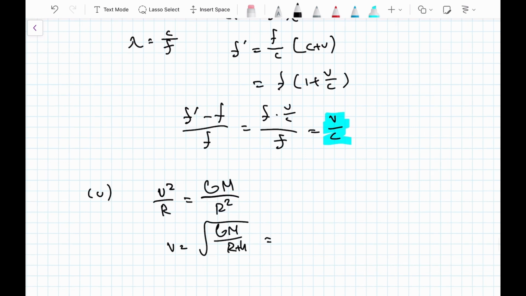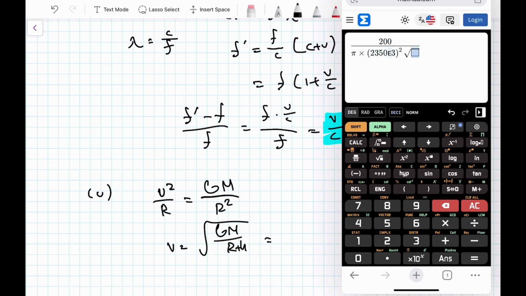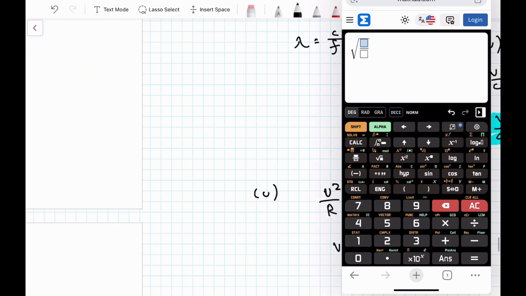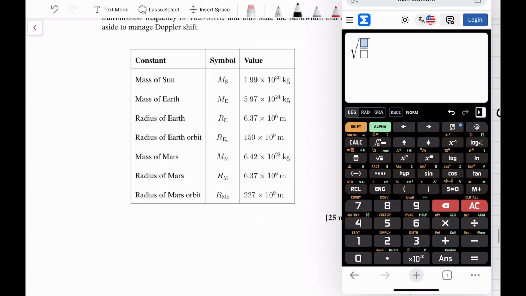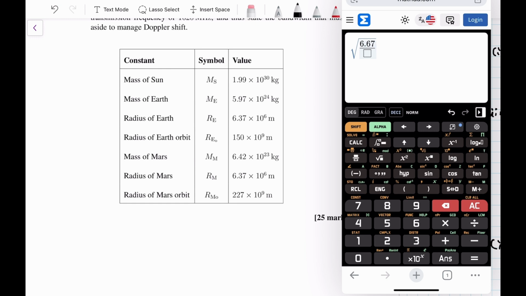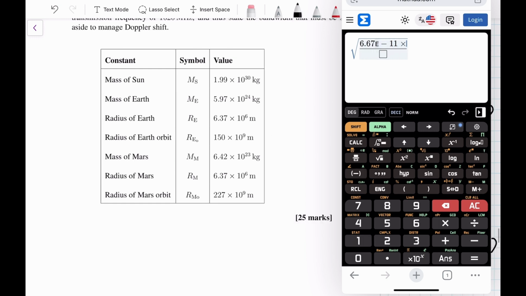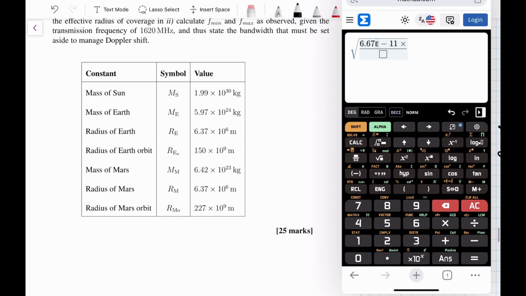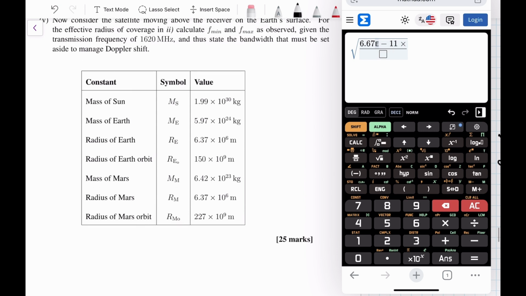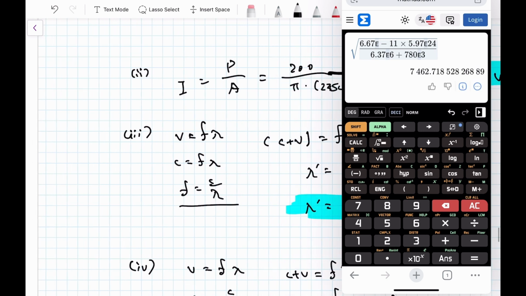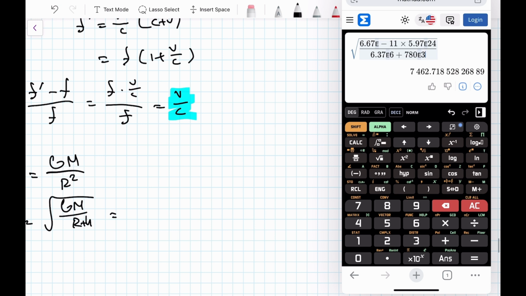So we should have the square root of G, which is 6.67 times 10 to the minus 11, multiplied by the mass of the Earth, which is 5.97 times 10 to the 24, over r, 6.37 times 10 to the 6 plus 780 times 10 to the 3. So we have 7462.72 meters per second.